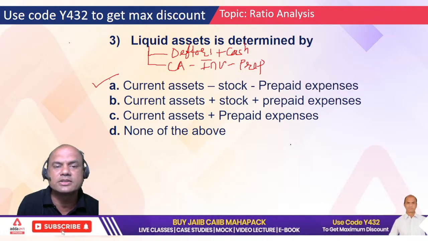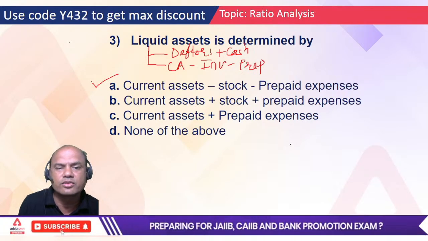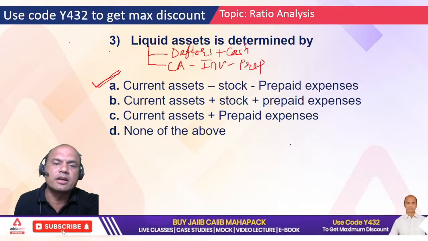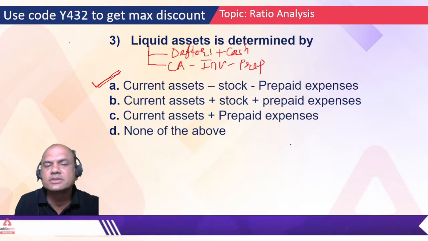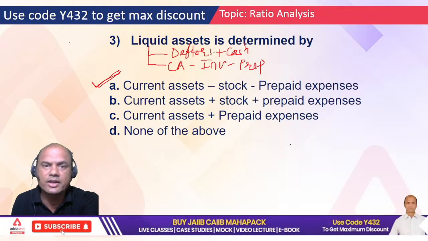I want to see the answers. A, correct? So it's A, simple one, isn't it? Liquid assets can be found out in two ways. One, directly as debtors plus cash. And second, subtract inventory and prepaid expenses from current assets. Then you'll get the liquid assets, okay?